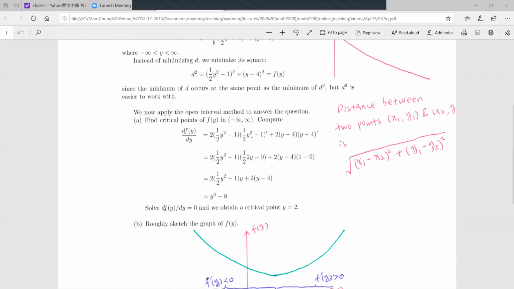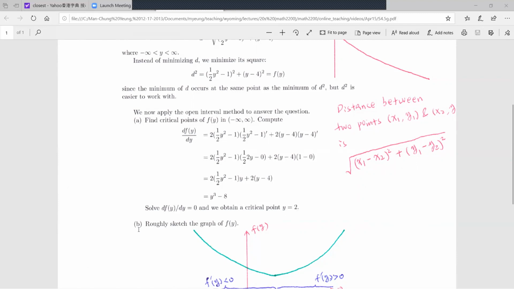One half times y squared minus 1, take the derivative with respect to y, then I get this. And similarly, y minus 4, its derivative with respect to y is 1 minus 0. Now, simplify this expression, then we get this. Now for critical points, set the derivative to 0 and solve the equation for y. Then we get 1 critical point. It is 2.